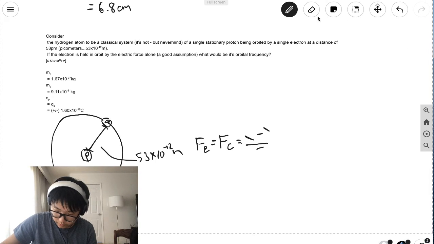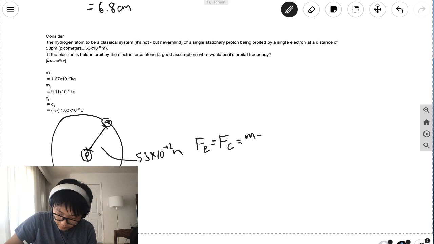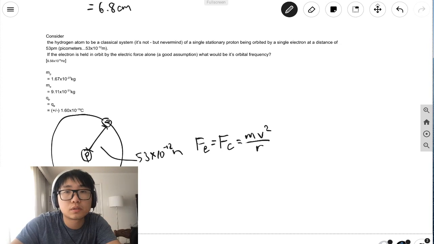Alright, yeah, that's not what I wanted. Okay, so we have m v square over r. I'm not saying we're needing it right away, but if they want frequency, we should probably go for another shortcut. There should be on your equation sheet one that relates frequency instead. Is there one? Centripetal force and frequency.